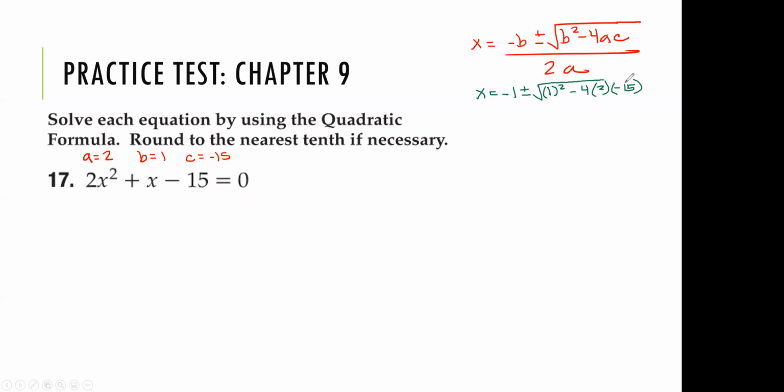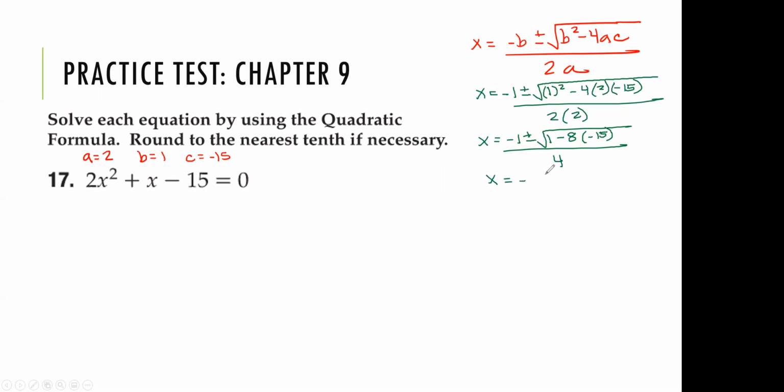And it's the square root of all that, divided by 2 times a, which is 2. Okay, so I got x equals negative 1, plus or minus 1 squared is 1, minus 4 times 2 is 8, times negative 15. Just doing one step at a time so you can follow along. 2 times 2 is 4.